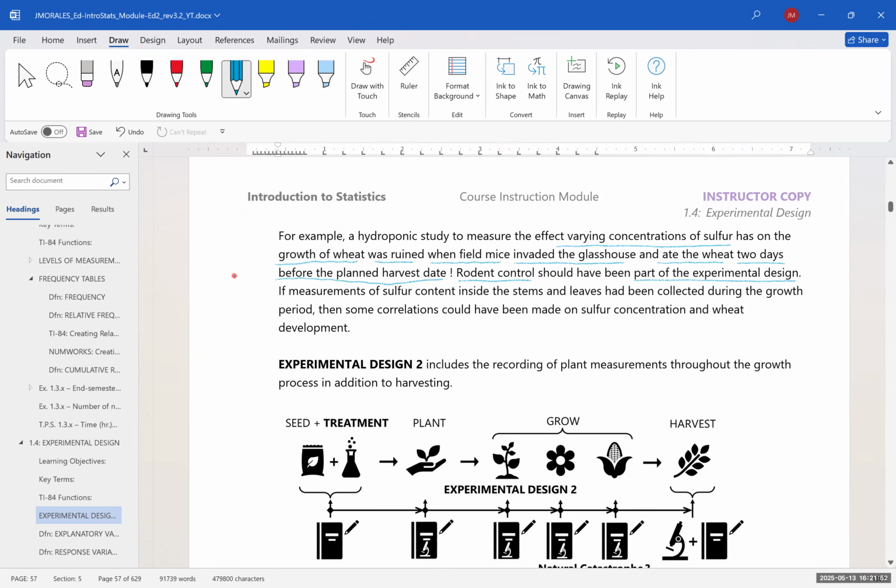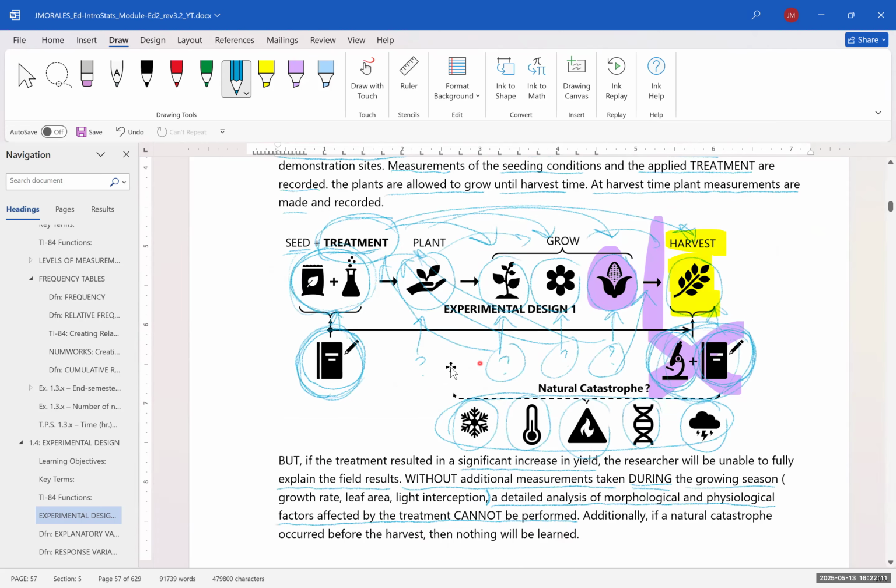If measurements of sulfur content inside the stems, inside the leaves, had been collected during the growth period, then some correlations could have been made on sulfur concentration and wheat development. So what this is saying is, had there been some measurements of the sulfur content in a young plant, in a mature plant, maybe how many days it took from planting to when it actually sprouted, to when it germinated.